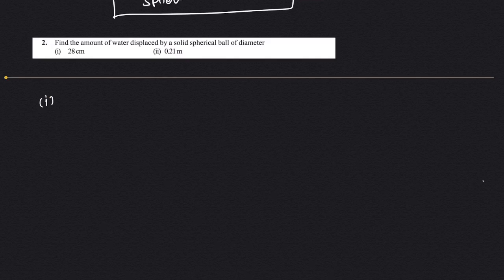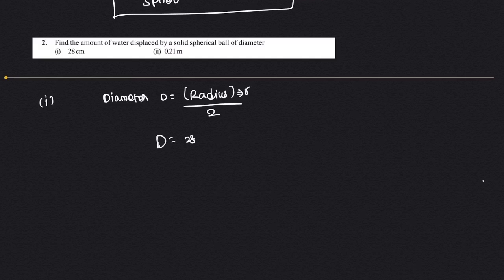So diameter D is equal to 2 times radius, the radius is represented by R. So D is 28 centimeter. So the radius is 28 divided by 2, so equal to 14 centimeter. Now just substitute the values. So amount of water displaced is simply the volume of sphere only.